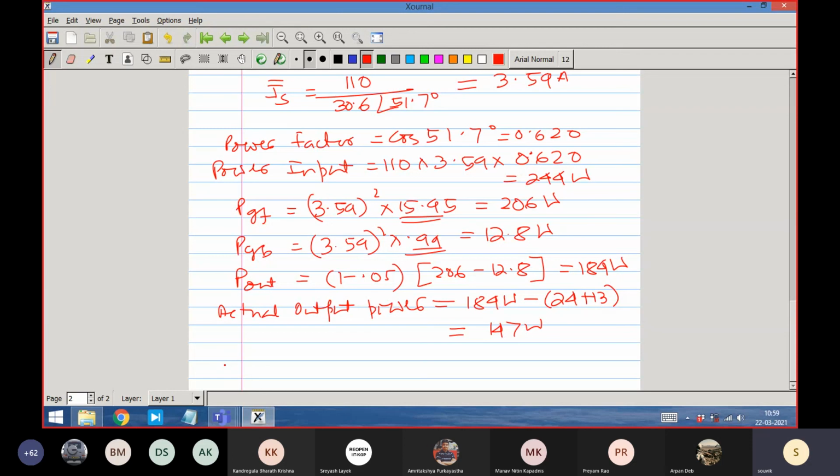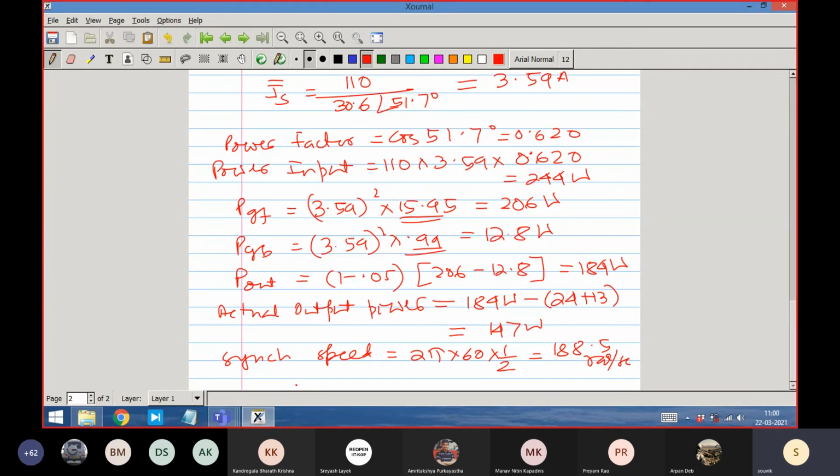So the torque: synchronous speed is 2 pi into 60 into 1 by 2, because it's a 4 pole, which is nothing but 188.5 radian per second, that is sync speed.